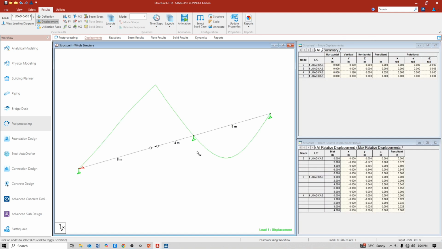Now see displacement. See at hinge how it displays. See displacement and see load also. See here it is. See this movement at the 4 meter.